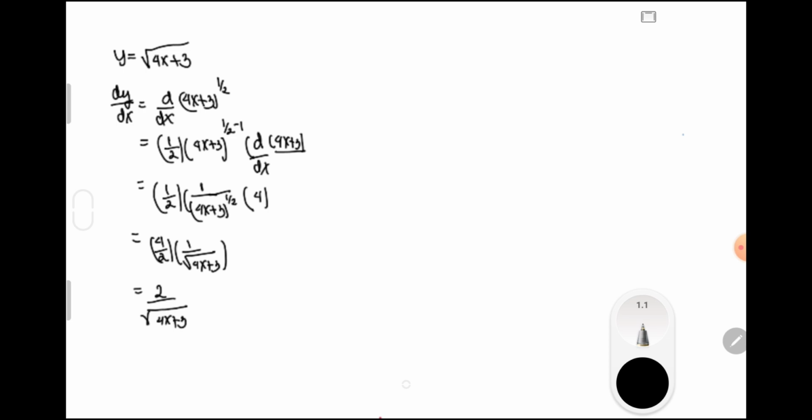Okay, so let's prove this using our limit, wherein we have our dy over dx is equal to the limit of f of x plus delta x minus f of x divided by delta x as delta x approaches 0.